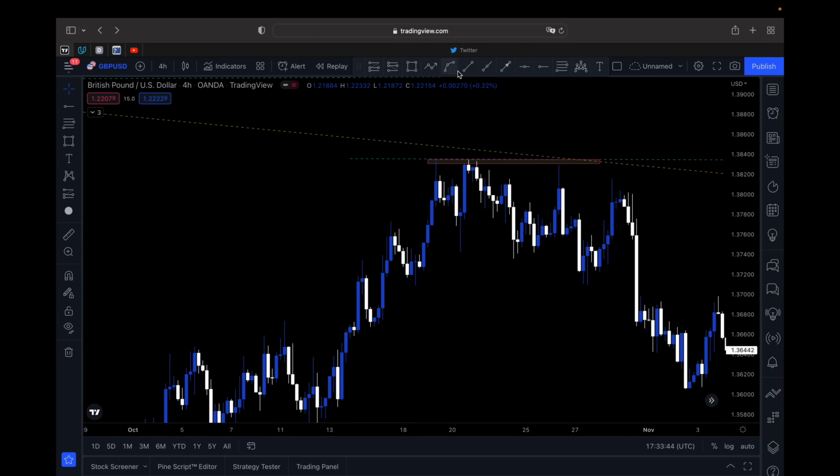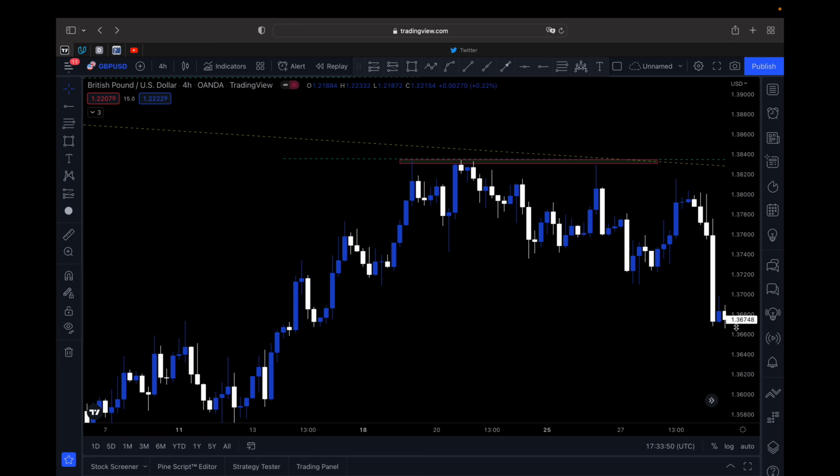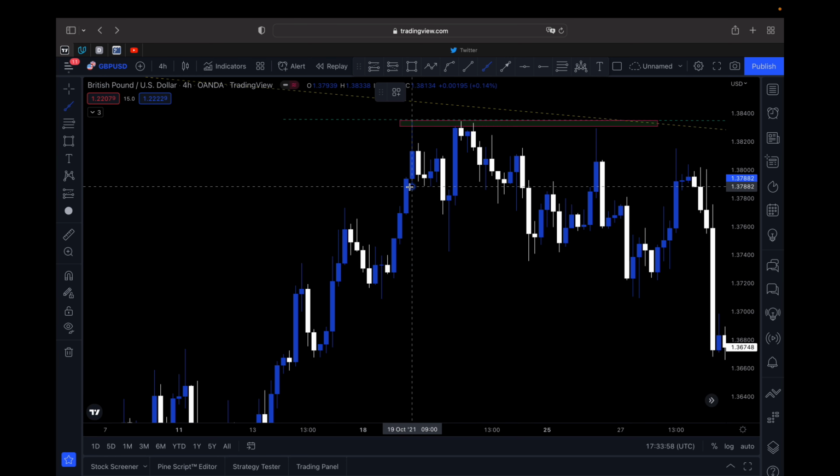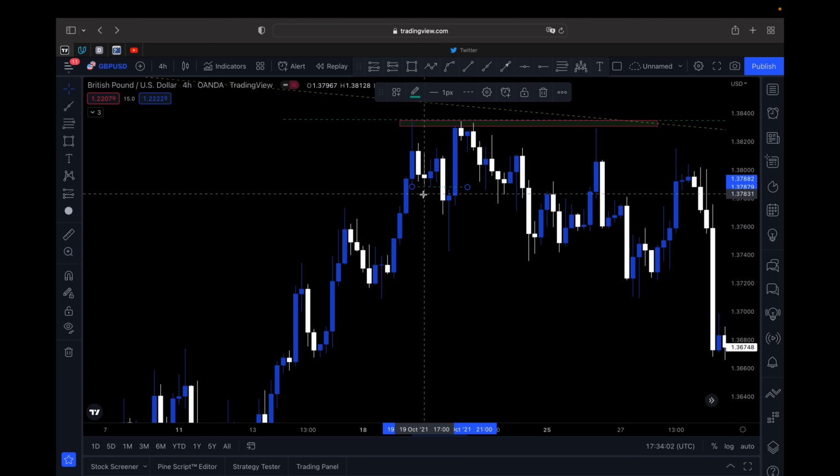You will see this break of structure around this place here. But this is a mini break of structure. I'm sorry, a change of character here, around this level.